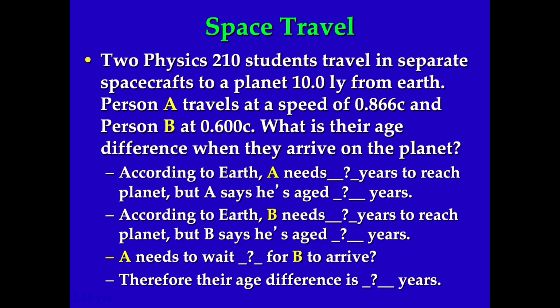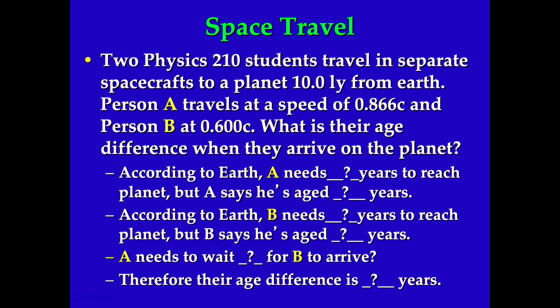Then you got to ask, A needs to wait how many years for B to arrive? Okay. When A arrives on the planet, then A is in the same frame as the Earth.